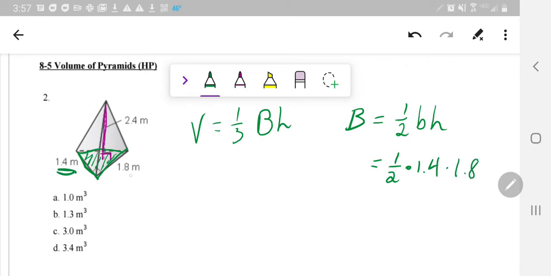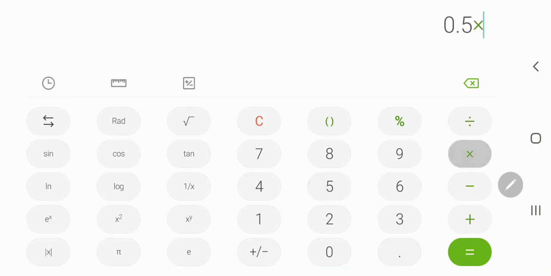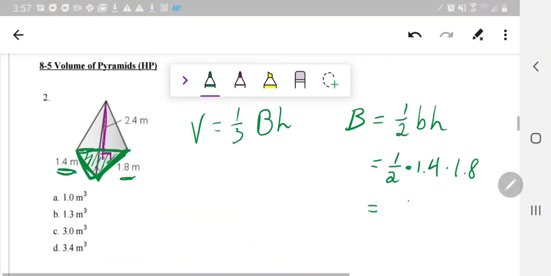So we have these two dimensions of this triangular base. We need our calculator. I'm going to use 0.5 times 1.4 times 1.8. And that gets us 1.26. So the area of the base is 1.26. So now we're ready to substitute that in.